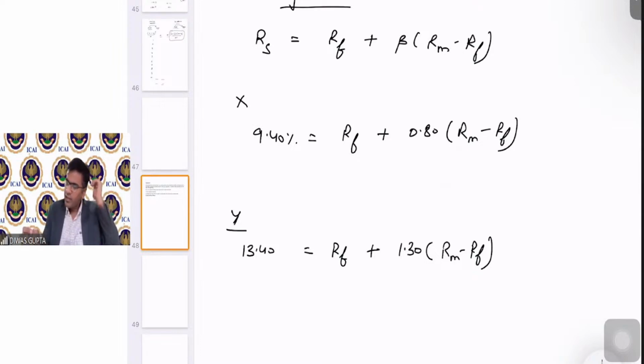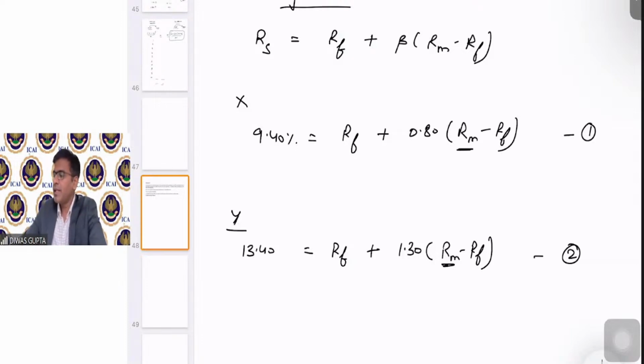So here, what we have done is formed two equations. And ultimately, the question is asking us to calculate the RM. We have two equations and two variables, and to solve that with a simple mathematical operation, we can subtract one equation from the other, or we can solve collectively because we can take out the value of RF from one and put it in the second equation.